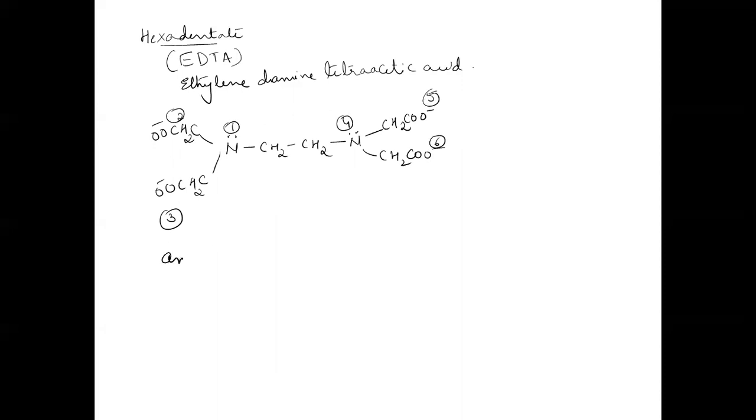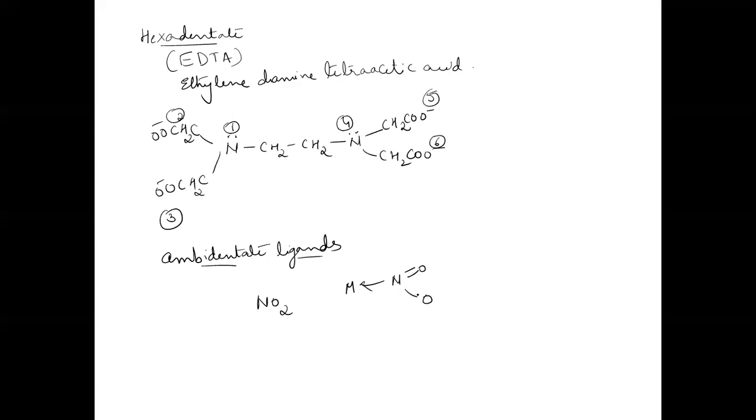Let me tell you what ambidentate ligands are now. You must have heard about this, but still. Ambidentate means it has 2 possible donor sites. For example, NO2 can act as a donor atom either from the nitrogen side or the oxygen side.